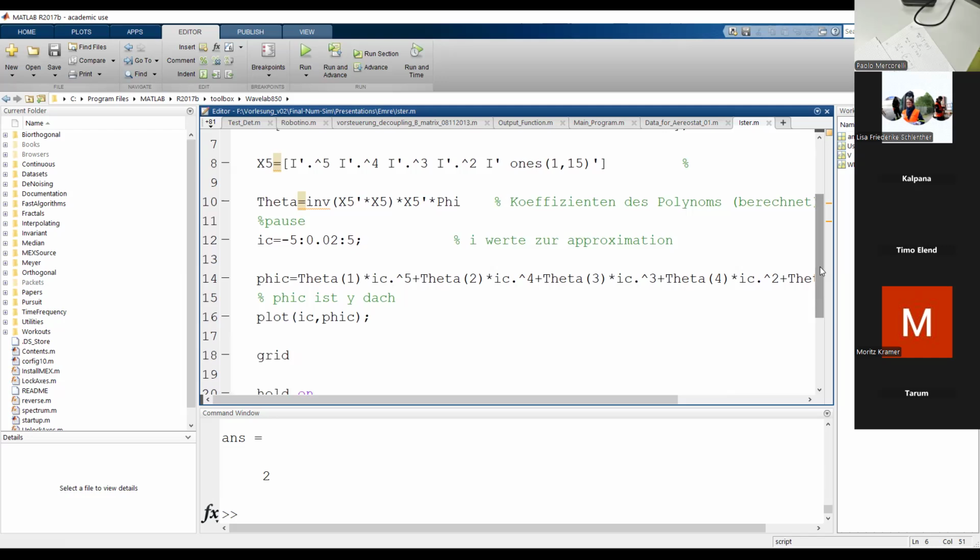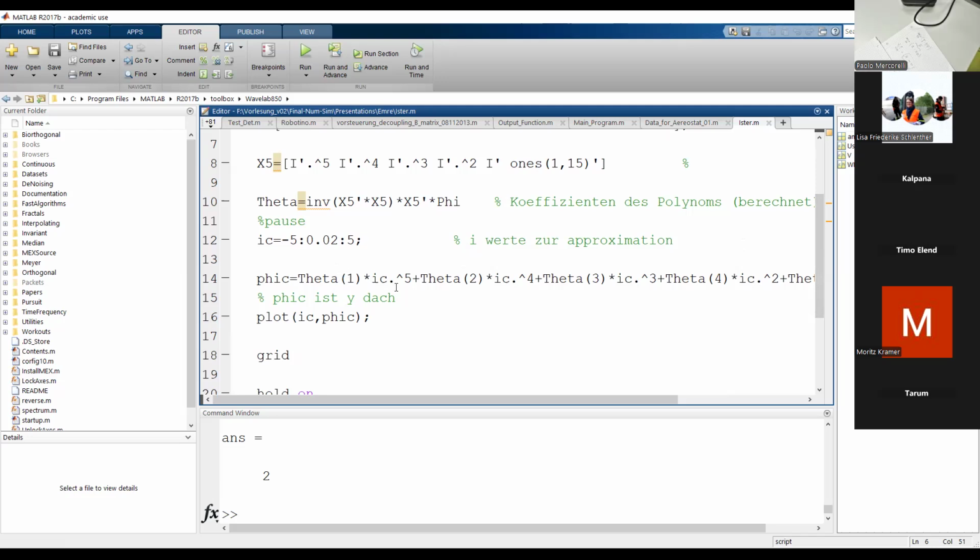Line 14 probably clarifies a little bit better, because line 14 is a representation of the function, the blue line in the lecture. We can see that we have a vector theta, which consists of 6 parameters for the polynomial phi.